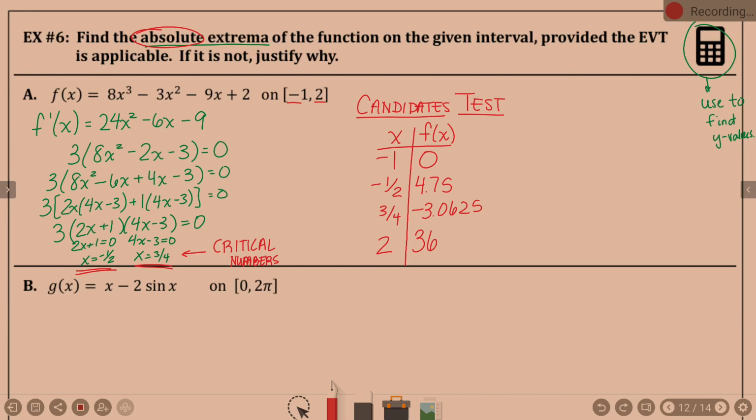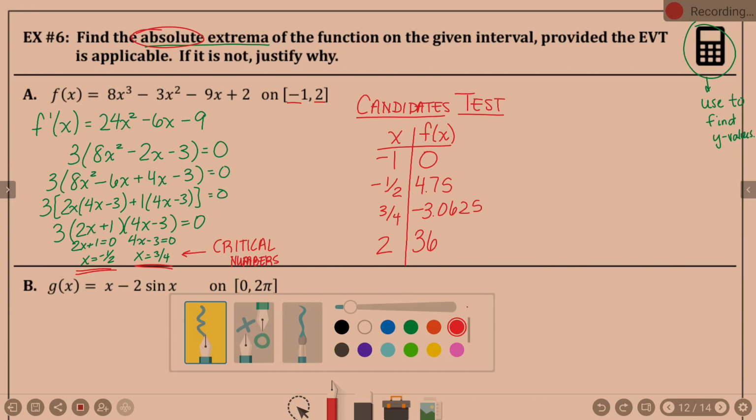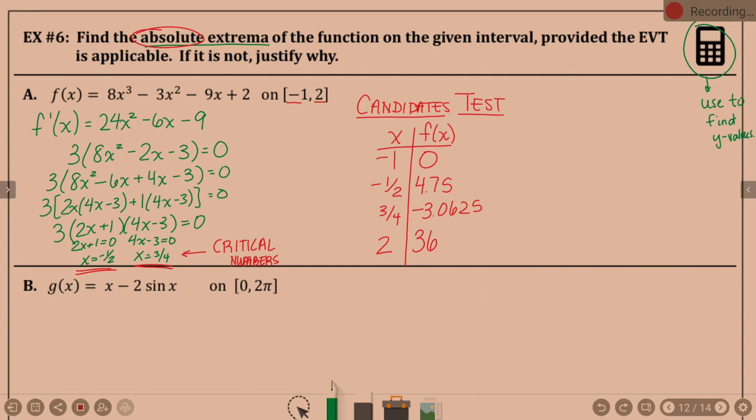Okay. What do you know? 36 is our absolute max. And negative 3.0625 is our absolute min.